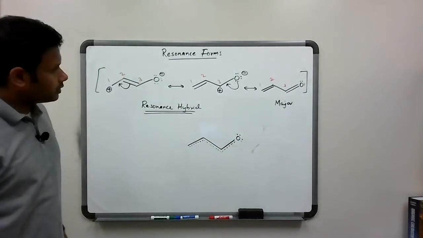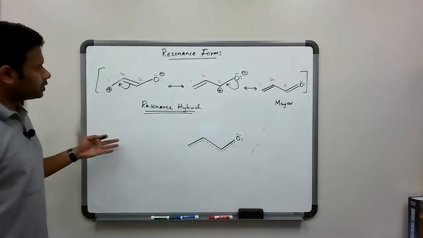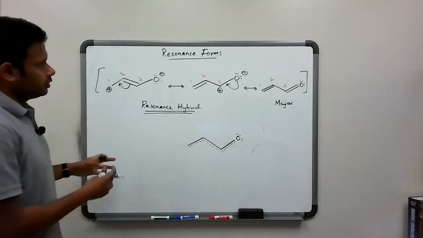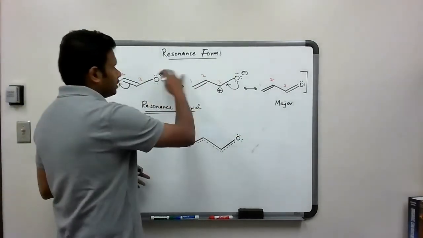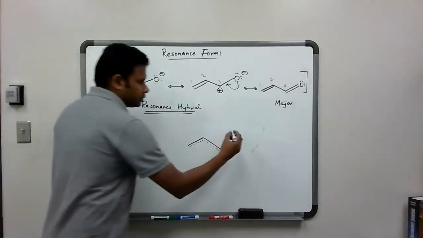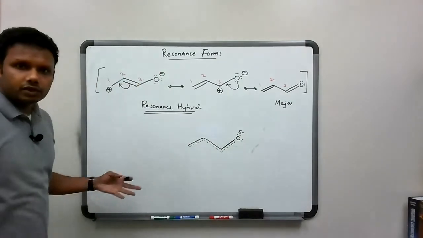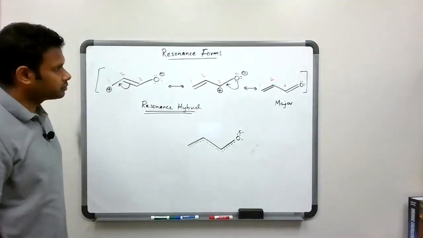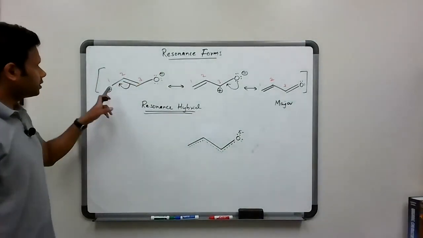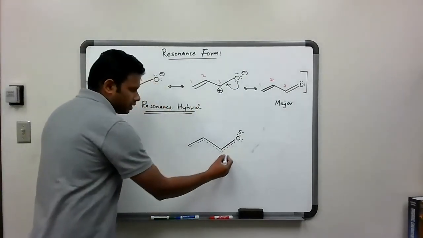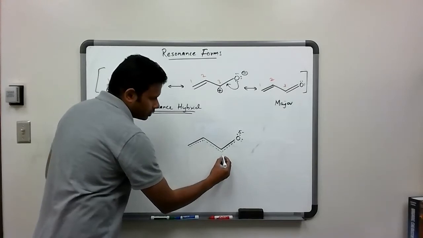Now, in this scenario there's a negative charge on the oxygen in two of the structures. That negative charge is shown using a delta negative, so you can say there's a partial negative charge on the oxygen atom, and carbons 1 and 3 have a partial positive charge.